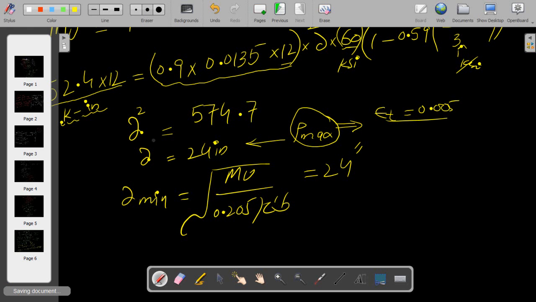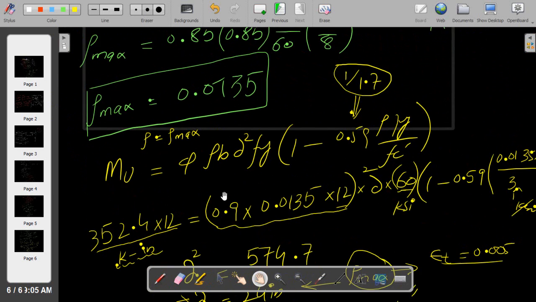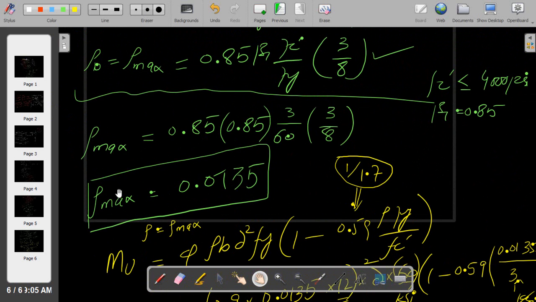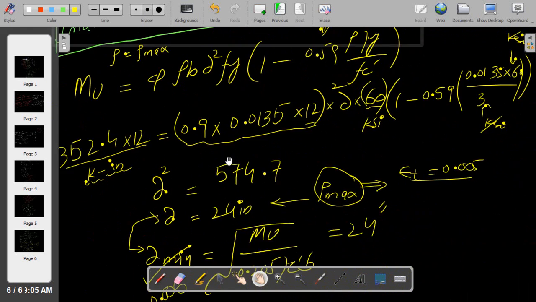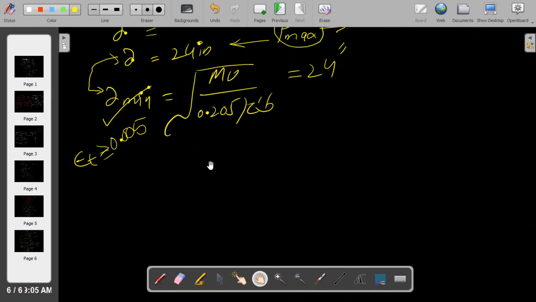So this value of d is the same as computed from the minimum, because this equation is also derived on the assumption that epsilon t should be greater than or equal to 0.005. So if you use epsilon t equals 0.005, the d minimum and that value must be the same value.